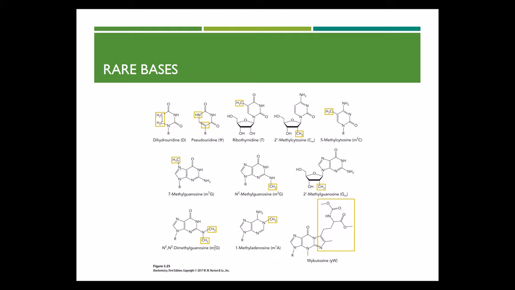We're going to first look at transfer RNA. And with transfer RNA, it's not uncommon for these RNA molecules to contain multiple modified bases. This table lists some of the modified bases, but the most common ones that you would see in transfer RNA would be pseudouridine, which is represented with the psi symbol.